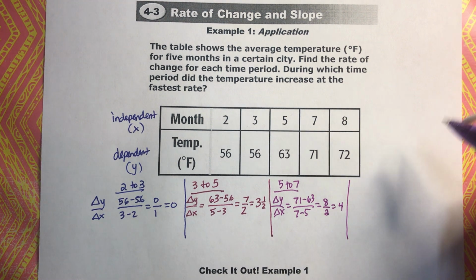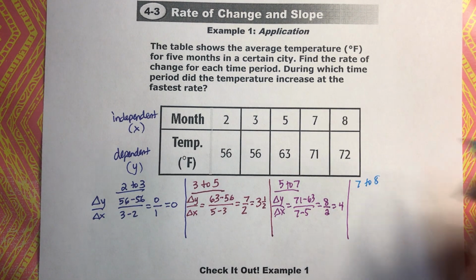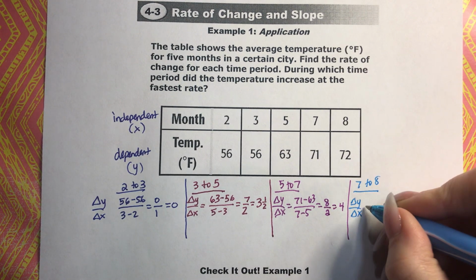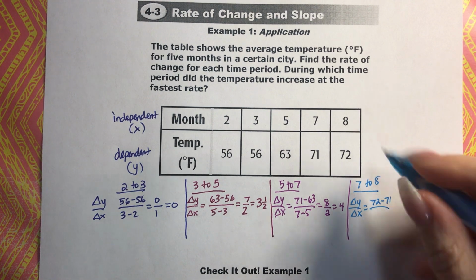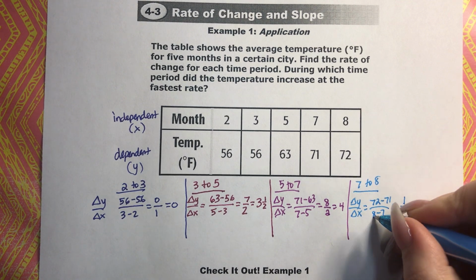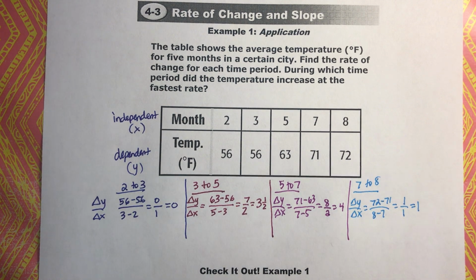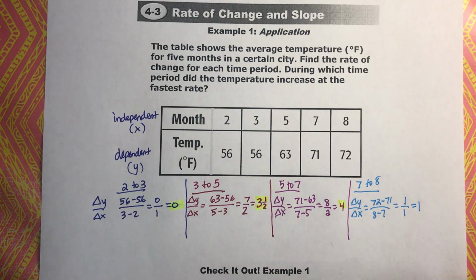And then we have to look at the next rate of change from 7 to 8. It's the change in y over the change in x, so 72 minus 71 all over 8 minus 7. 72 minus 71 is 1, 8 minus 7 is 1, and 1 over 1 is just 1. So there we have it, all of our values: 0, 3.5, 4, and 1.